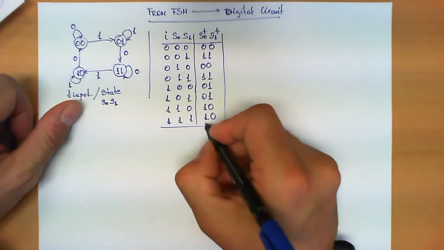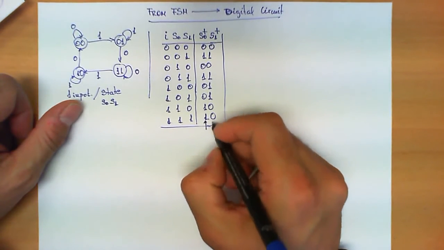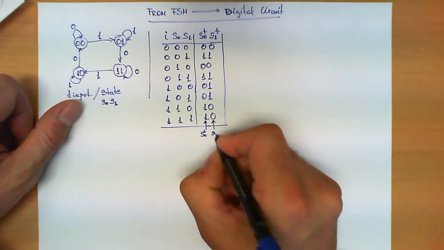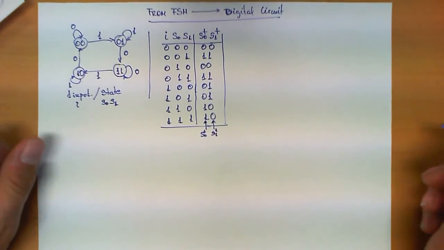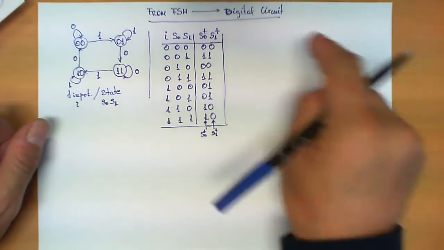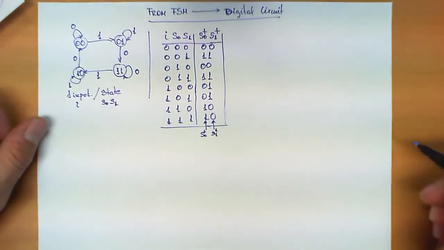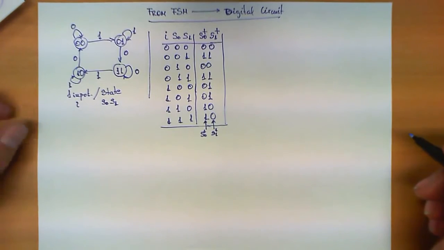So what we have here basically is the truth table for 2 Boolean variables, S0+ and S1+. Now, the trick to implement a digital circuit from here is simply to implement these 2 Boolean functions as if they were regular Boolean functions.